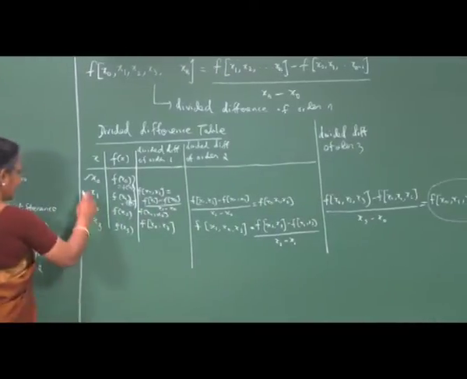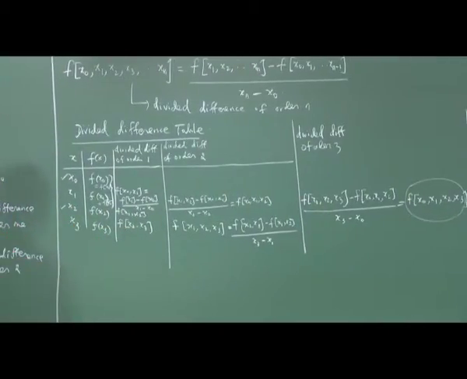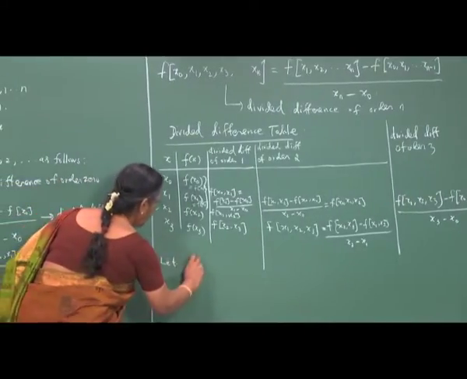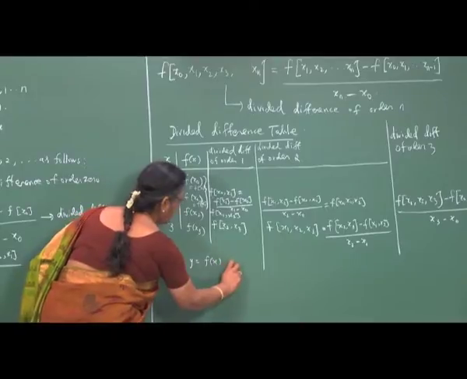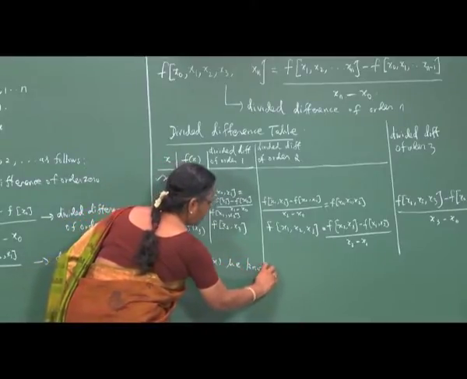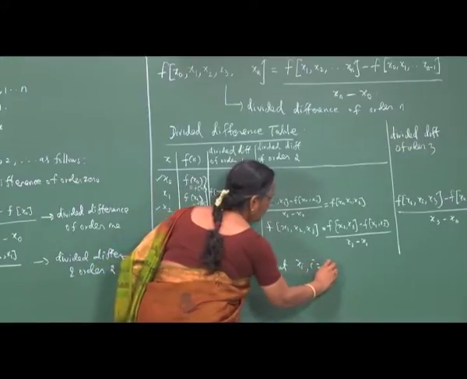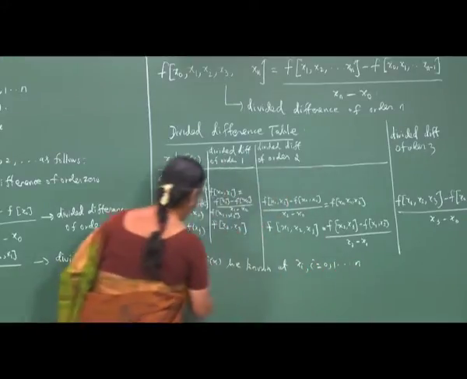So, let us assume that we are given information at n plus 1 points. So, let y equal to f of x be known at xi for i is equal to 0, 1, 2, 3 up to n.